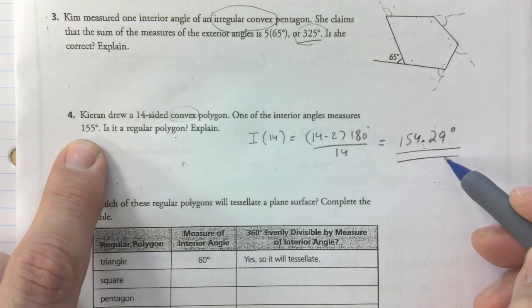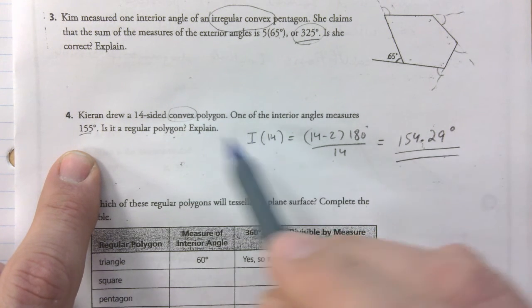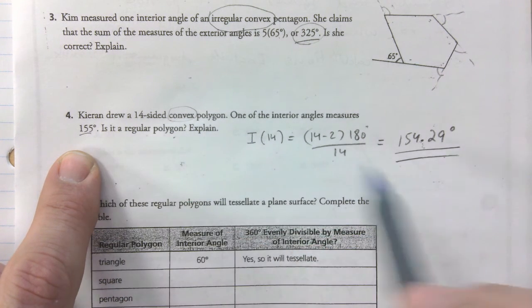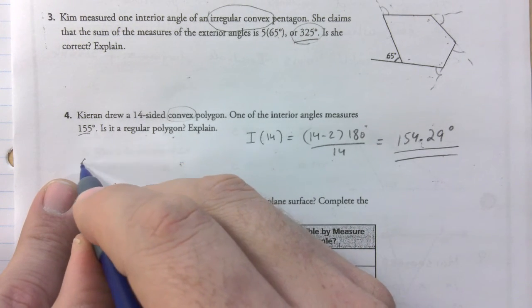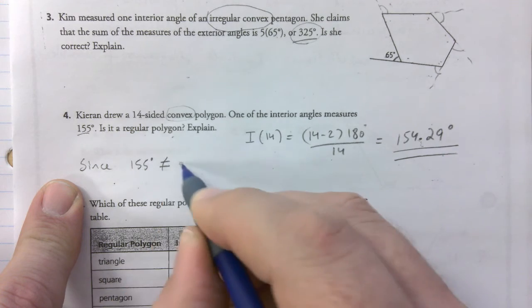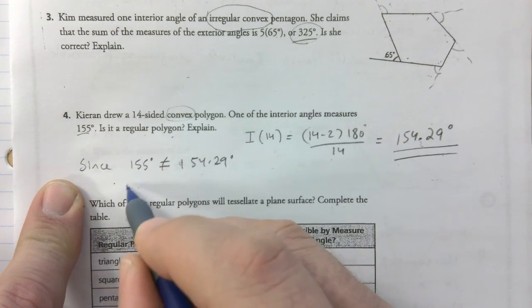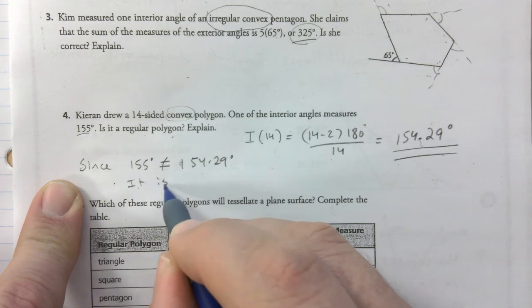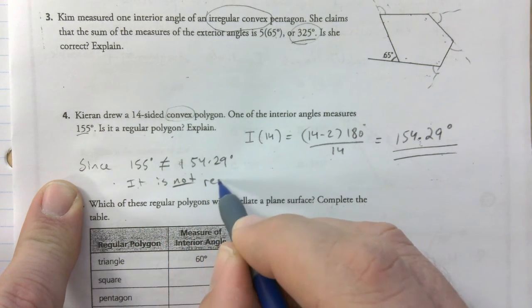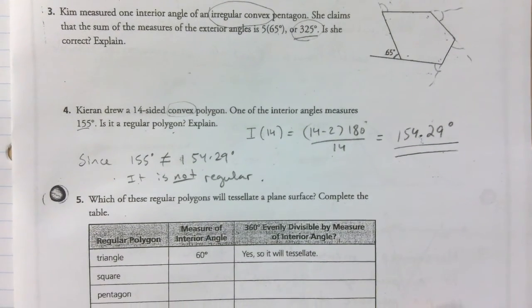Since the one you're given has a 155, right? Has one that's 155, it is not regular. Since 155 does not equal 154.29, right? It is not regular. That'll be your answer there.